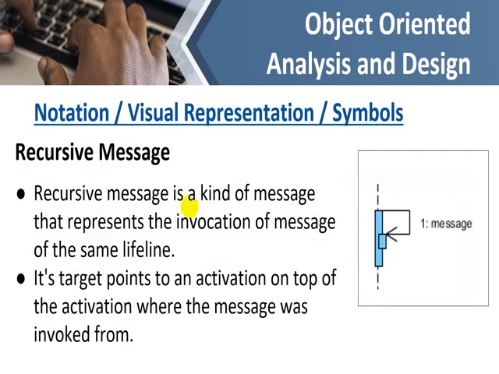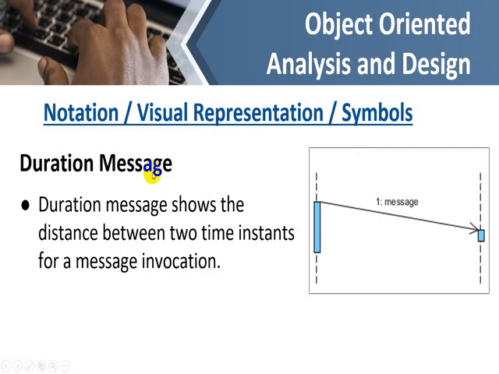In fact, a recursive message is a kind of message that represents the invocation of a message of the same lifeline. Its target points to an activation on top of the activation. Look, this is one activation and it targets another activation on top of that activation, and that describes it as a recursive message.